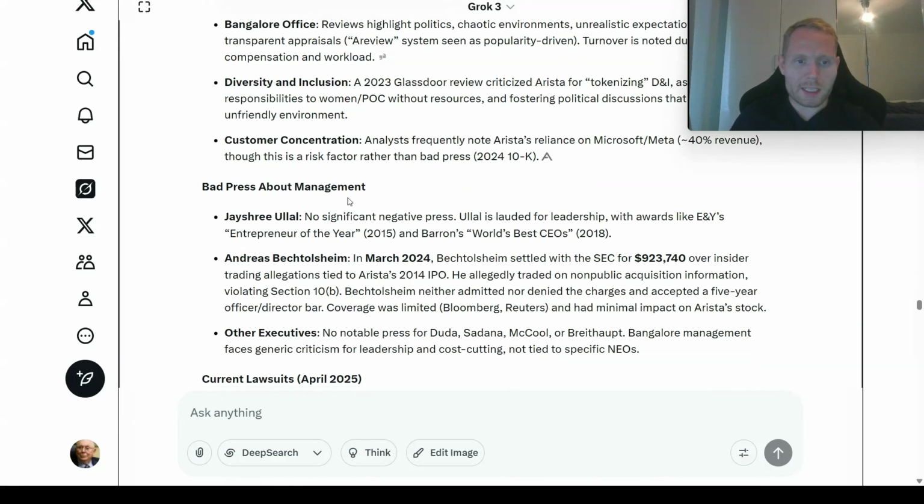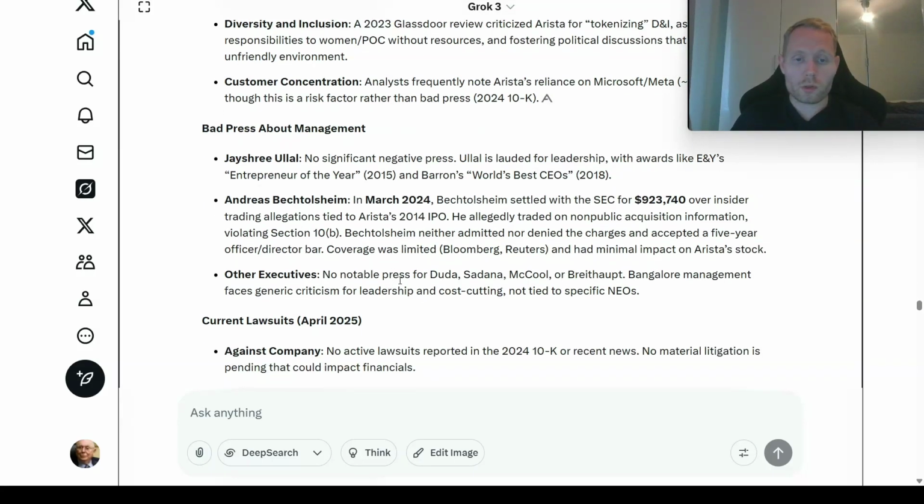Bad press about management: Andreas Bechtolsheim, one of the founders, apparently got into some trouble with the SEC over insider trading allegations tied to the IPO in 2014. That is something that's good to know beforehand if the management team has been getting into some kind of trouble, but no notable press for the other executives.